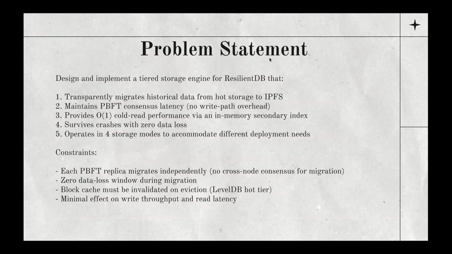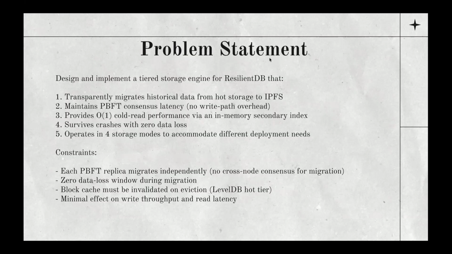This is the problem statement that I had for myself before working on this project. I wanted to design and implement a tiered storage engine for ResilientDB that transparently migrates historical data from hot storage to IPFS. By hot storage, I mean memory DB or LevelDB, which is the existing first layer of storage.